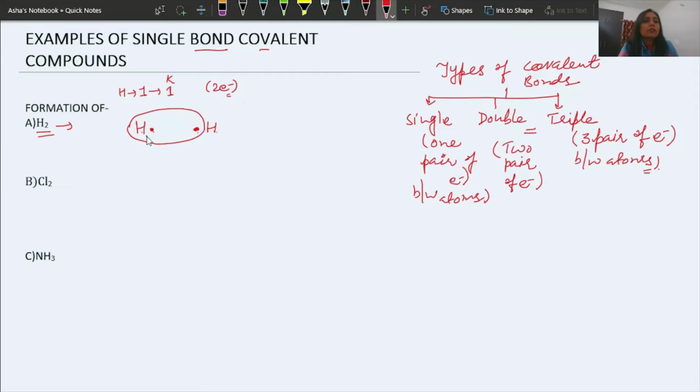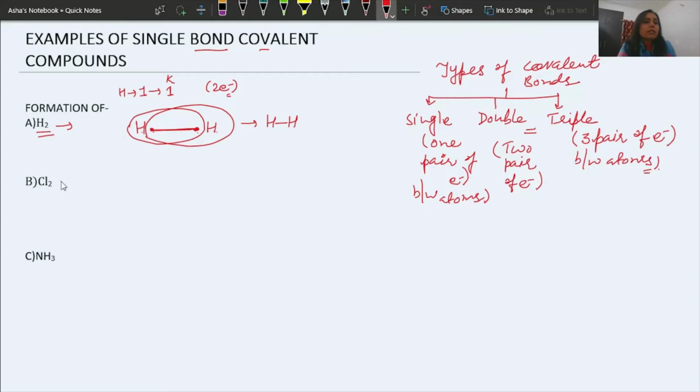So it will take the other hydrogen atom's 1 valence electron. In this way both of them share 1 pair of electrons. So this is a single covalent bond. It can also be written as H dash H. This dash shows the single covalent bond between the hydrogen atoms.